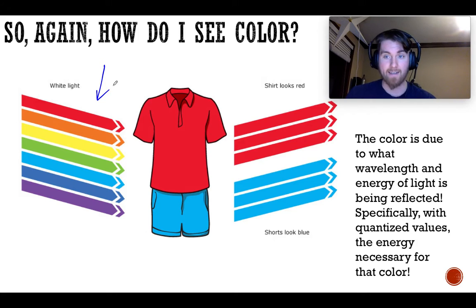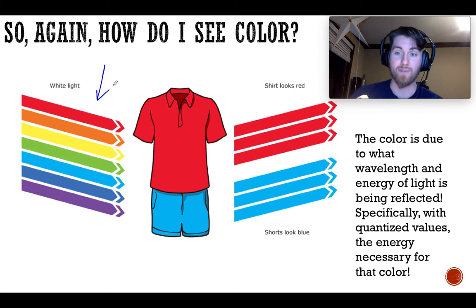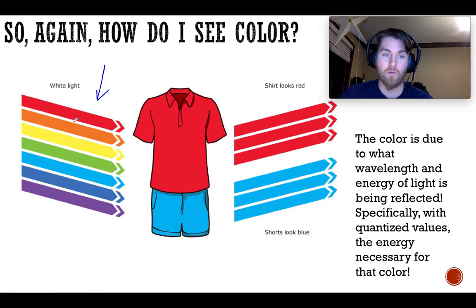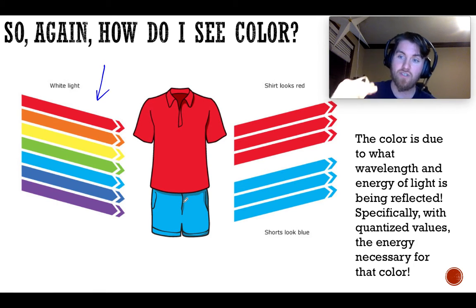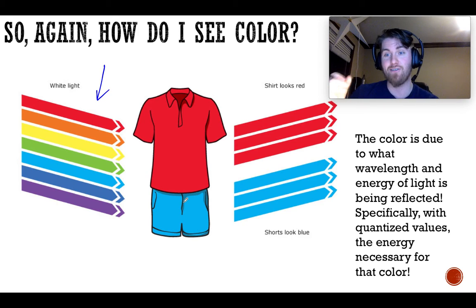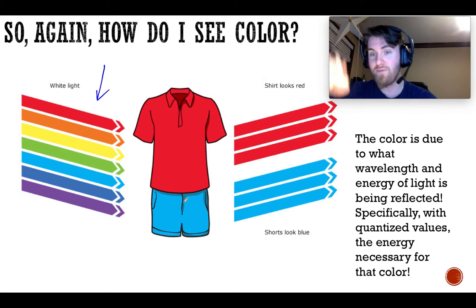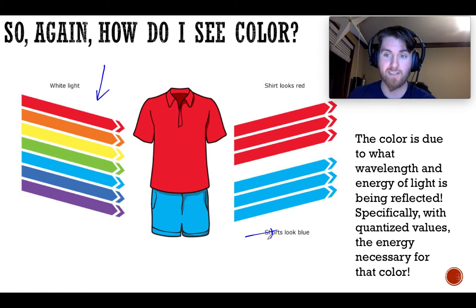Again, it's additive. So whenever you look at your shirt, your whatever, it has elements and pigments specific to that quantization, meaning it only absorbs through its element. The electron then jumps to another atomic energy level, and then whenever it drops back down, it fires back this light in the color which you're seeing.